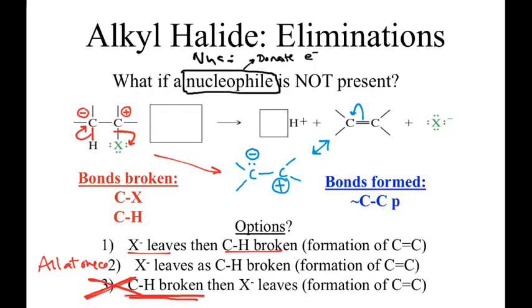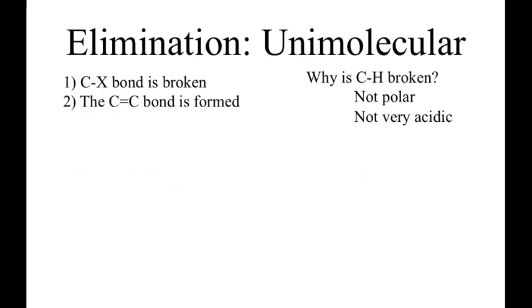Just like with the substitution, we're going to look at those mechanisms and decide what things are going to control each of those individual reactions. So let's take a look at the unimolecular reaction, or our first option.